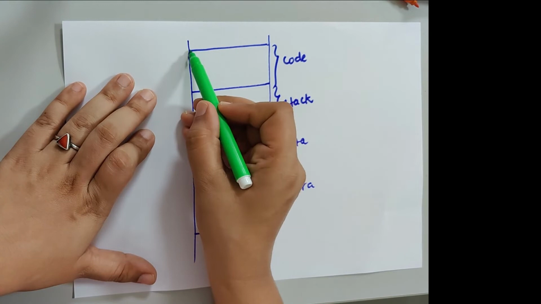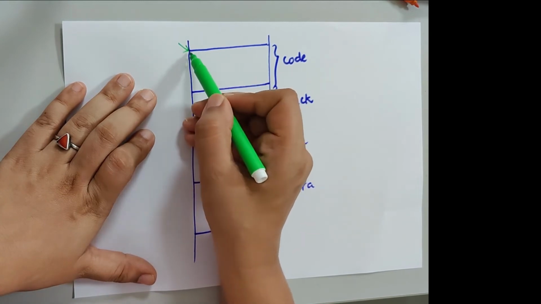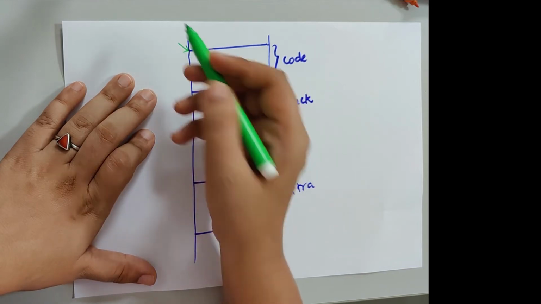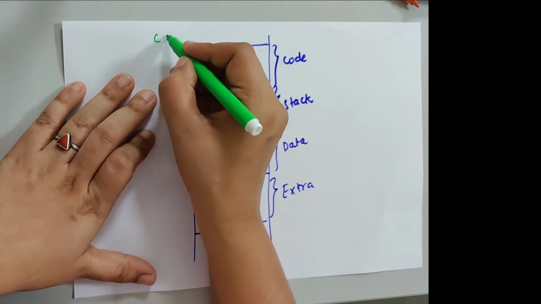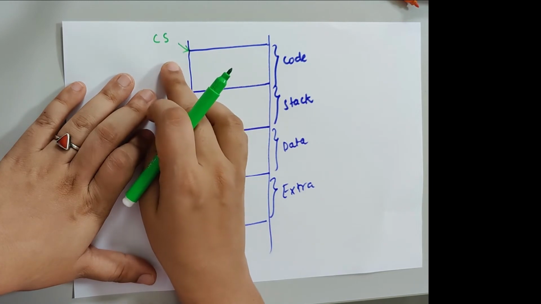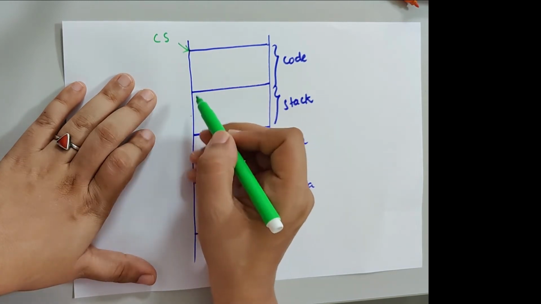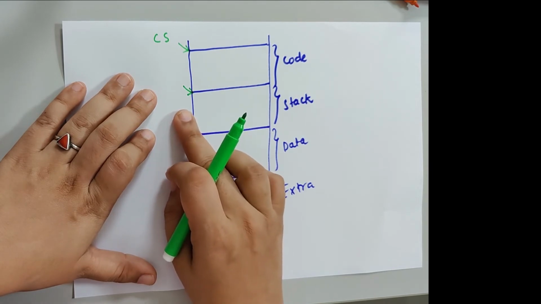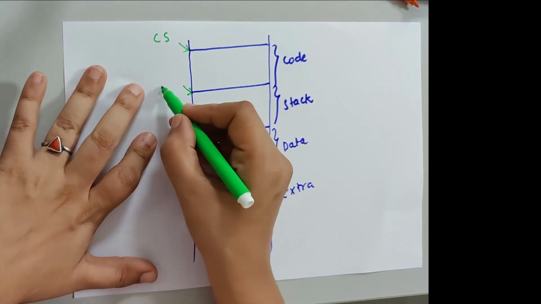Okay. For the code segment, the starting address of the code segment is given into the segment register. What is the segment register for the code segment? It is CS. Then for the stack segment, the starting address of the stack segment is given into the segment register. What is that segment register? SS.